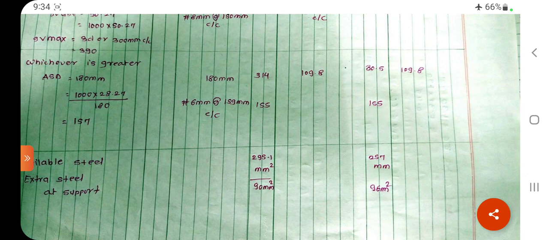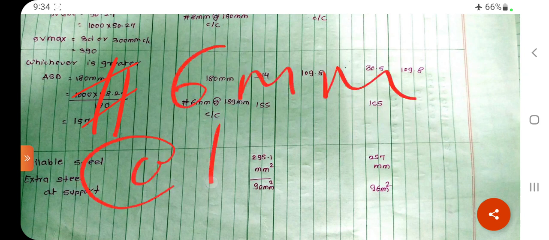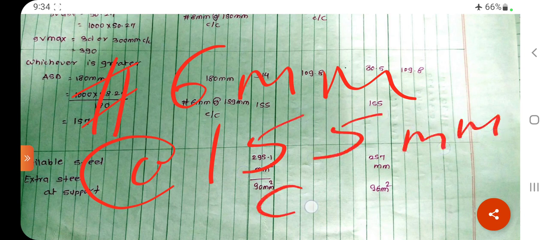Substituting these values, we get the spacing for 6 mm bar as 159 mm center to center. But as we cannot go higher than 159, we provide distribution steel as 6 mm bar at 155 mm center to center.